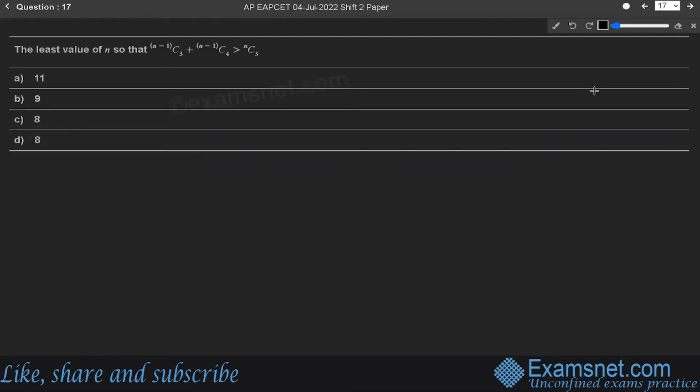Next question is: the least value of n so that n minus 1 C3 plus n minus 1 C4 is greater than nC3. Here we have to use a very basic formula for the binomial expansion, which is nCr plus nC(r minus 1) is equal to (n plus 1)Cr. On using this formula, our term becomes n minus 1 C3 plus n minus 1 C4 is equal to nC4, greater than nC3.